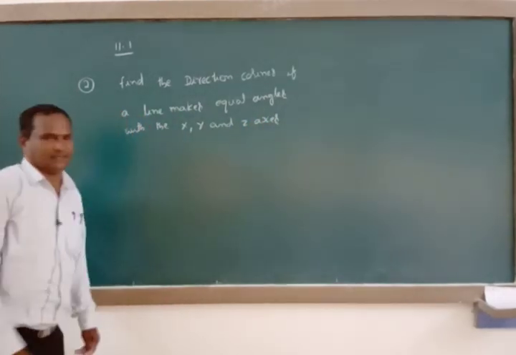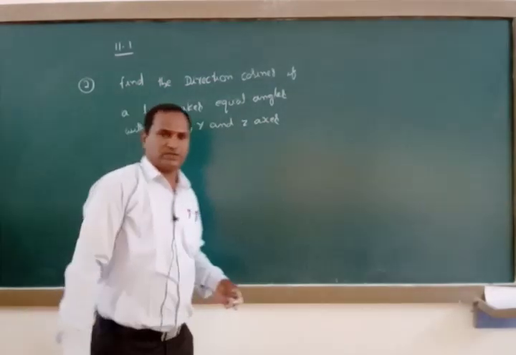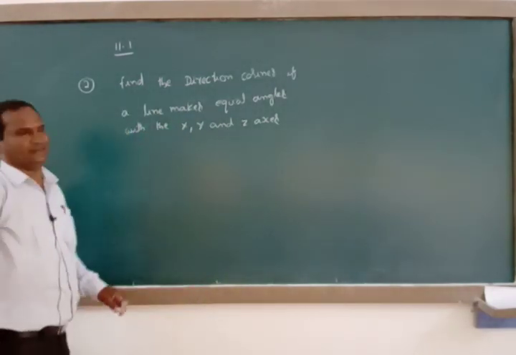Here equal angles are given. Equal angles means we must take alpha is equal to beta is equal to gamma.